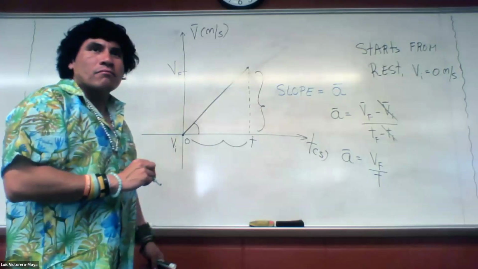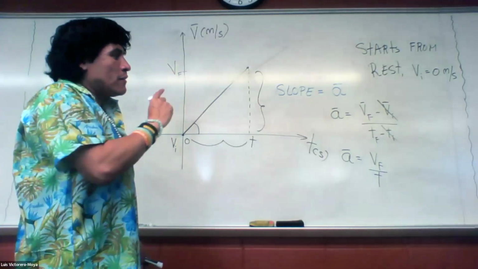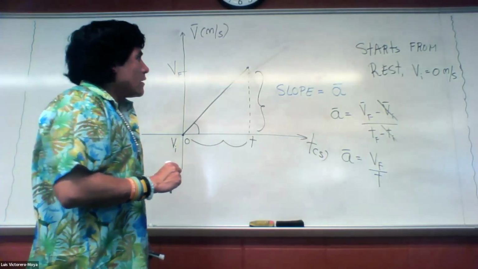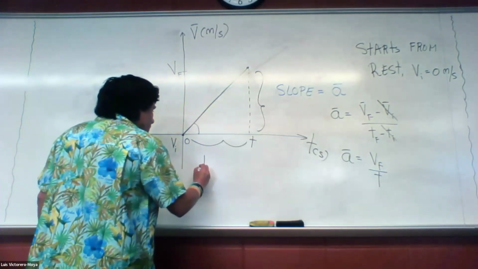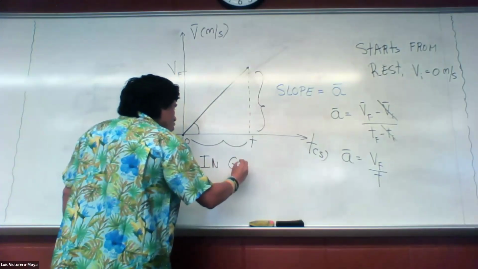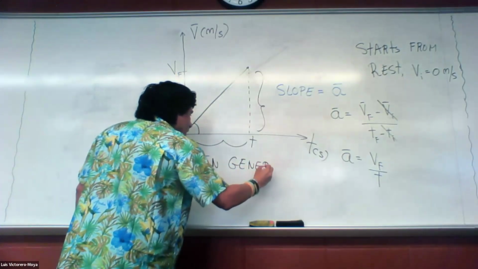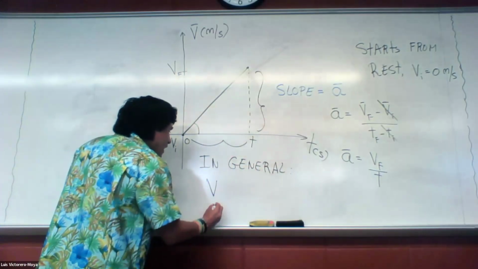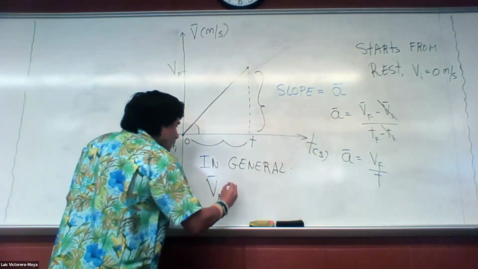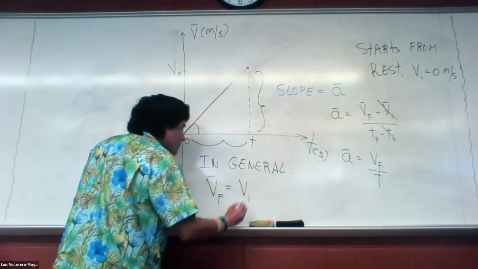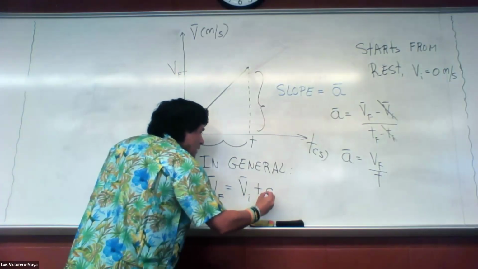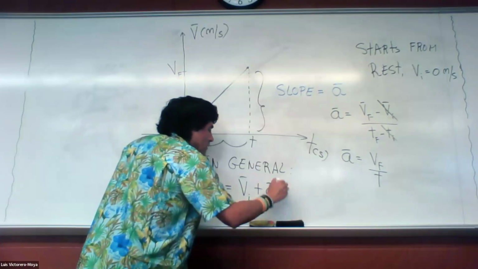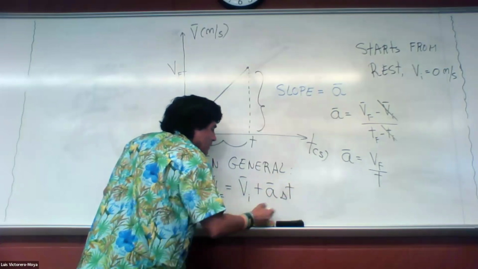That's a simple case. If V initial and V final are non-zero, right? Then in general, we get our famous equation: V final is equal to V initial plus acceleration times delta T. Delta T is change in time.